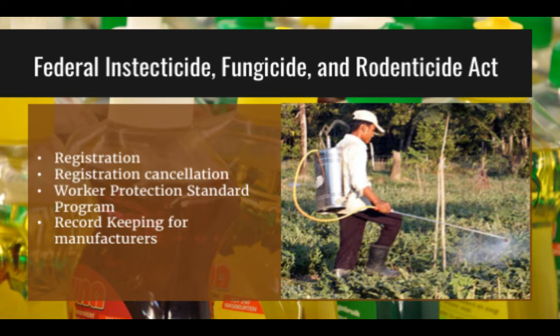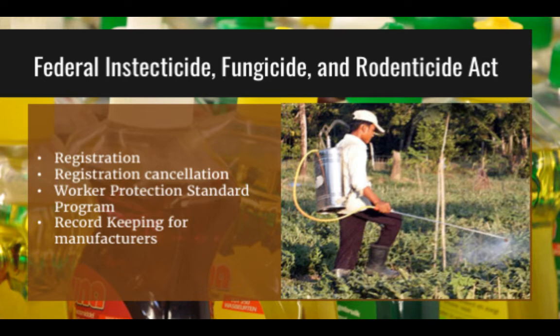If a cancellation is challenged, the hearing process tends to decide in favor of cancellation, though the pesticide will still be sold during hearings. This does not apply if an imminent hazard is present in this situation. The EPA can suspend use and give the manufacturer 5 days to request a hearing. An emergency suspension is immediate and still allows the manufacturer to pursue a hearing.